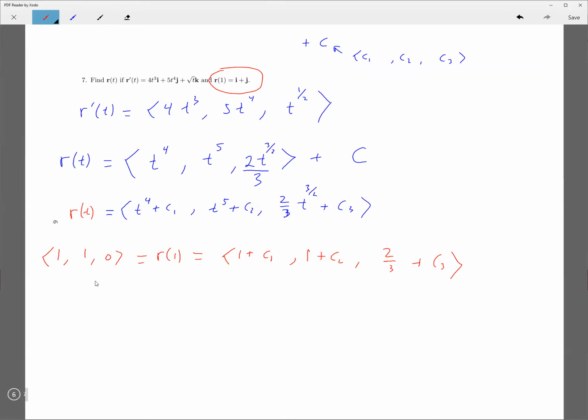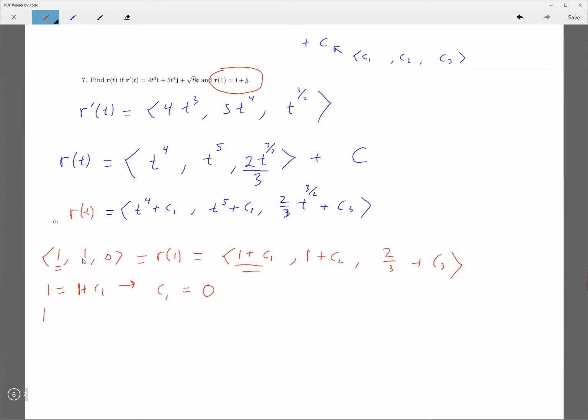Okay, so equating this with this, we have 1 equals 1 plus C1. That means that C1's got to be what? Zero, right? Because the only way that this and this are going to be equal is if C1 is 0.